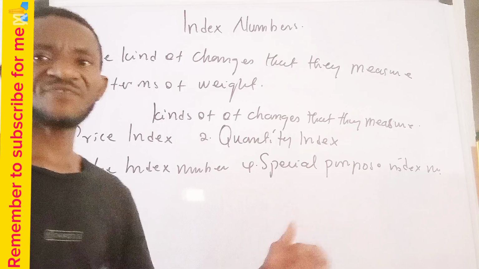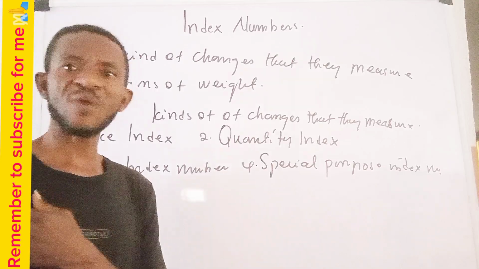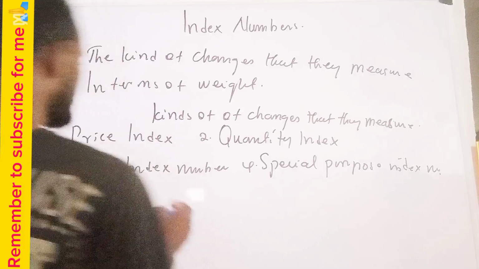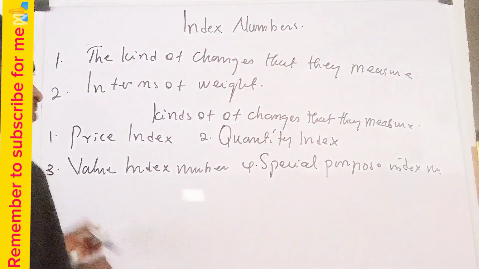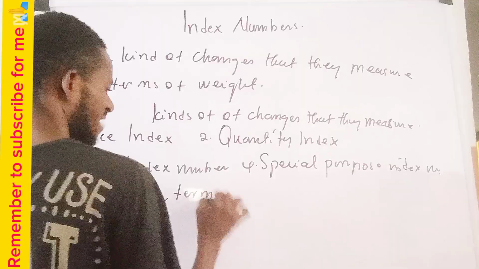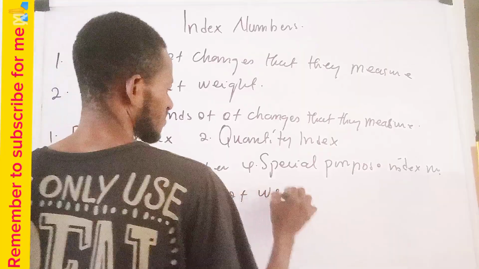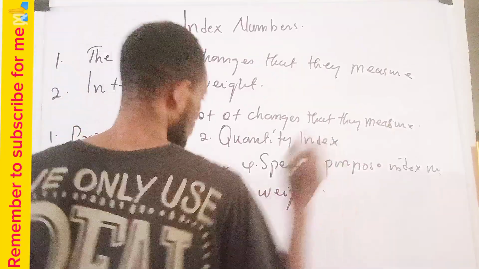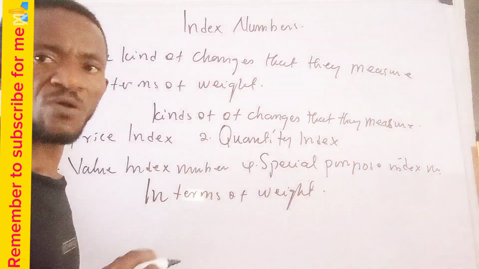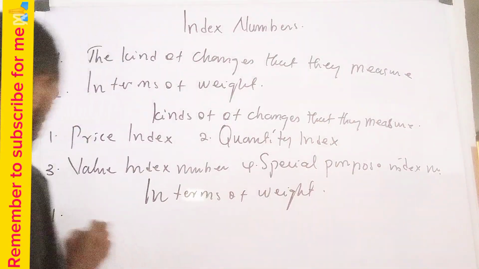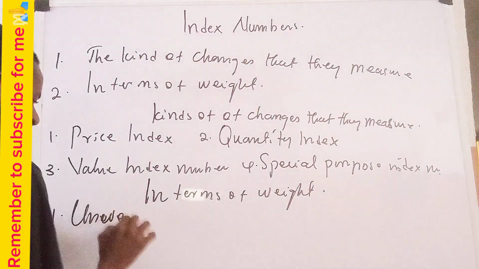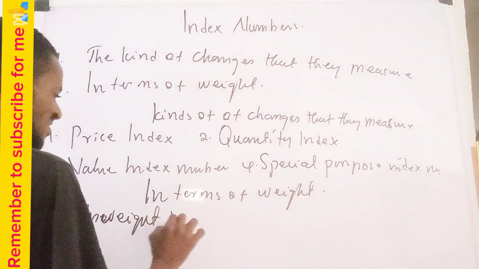So we want to identify the types of index number we have in terms of weight. Number one, we have the unweighted index number.